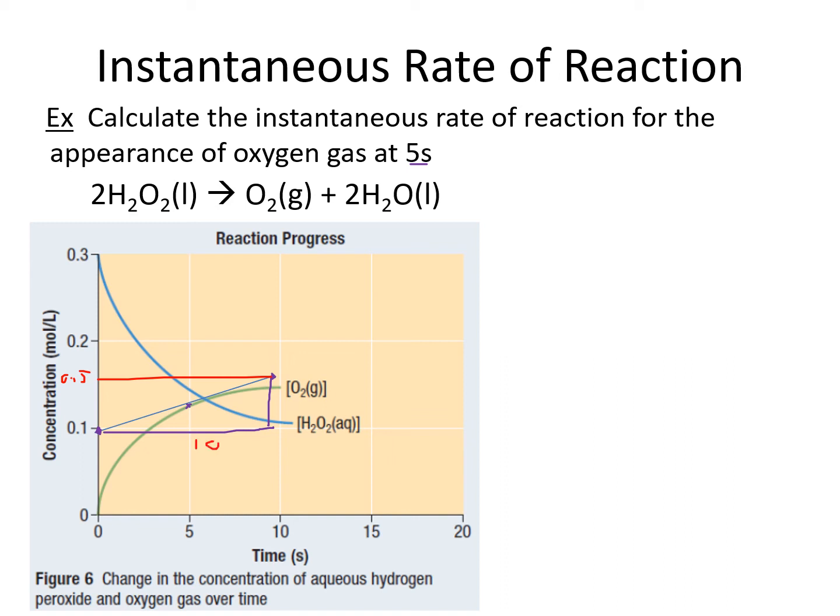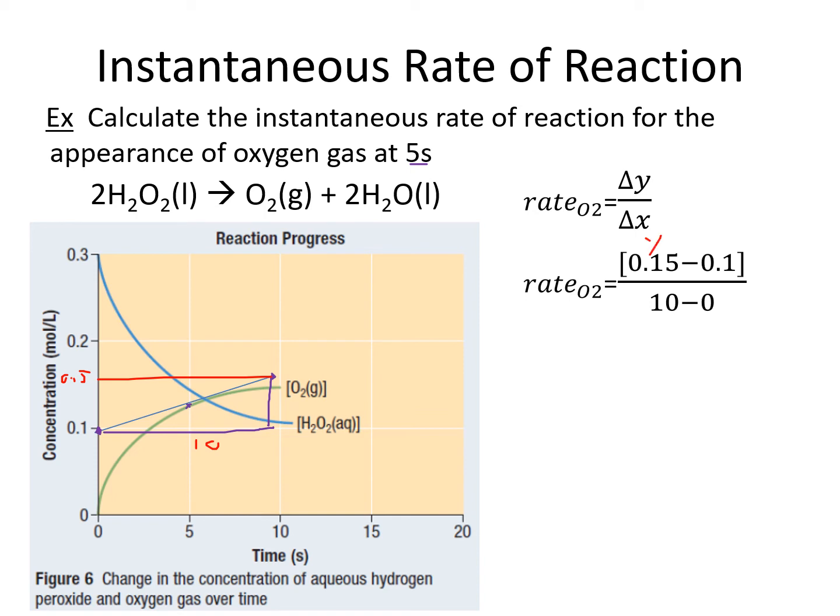So using the 10 and the 0.15, it's our change in y over our change in x. There's my y2, and there's my y1, that value and that value. And then we've got about 10 and 0 going on here. So again, it's just a matter of doing the slope.